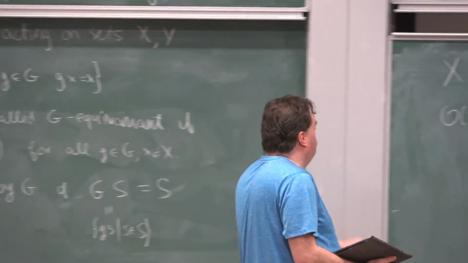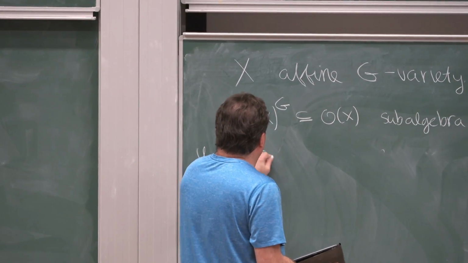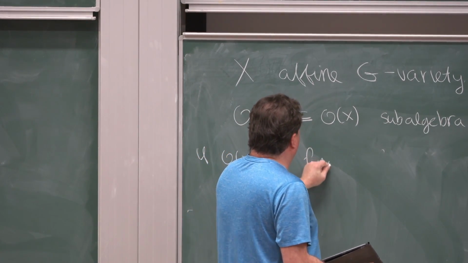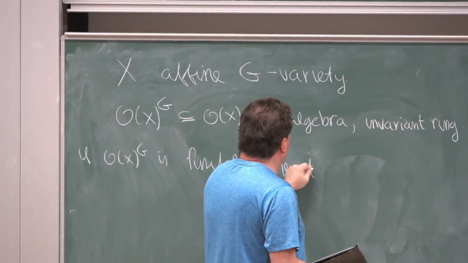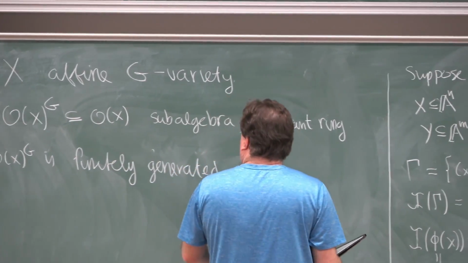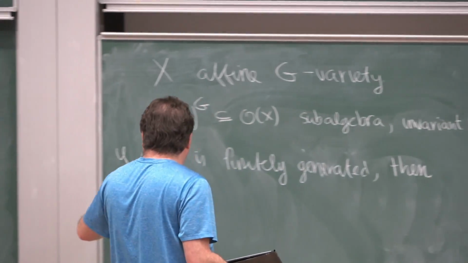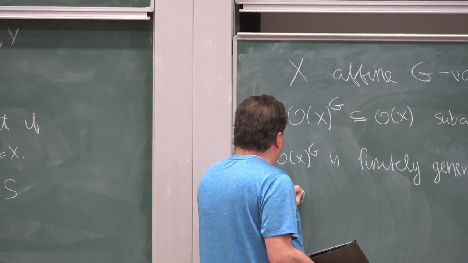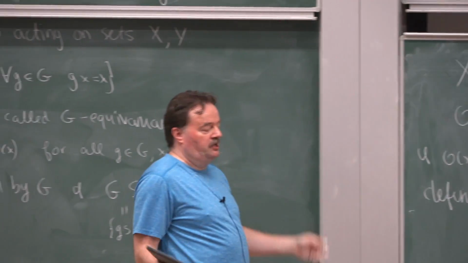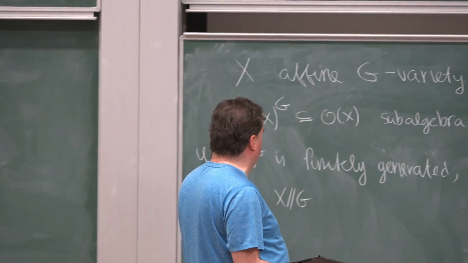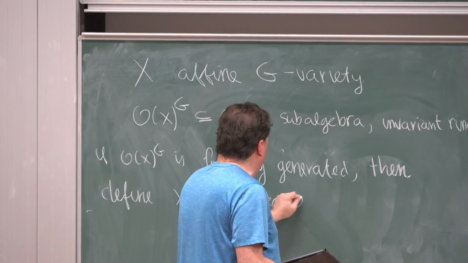But certainly if it is finitely generated, then we can define X // G, this quotient notation, which we call the categorical quotient, is the spec of this invariant ring.